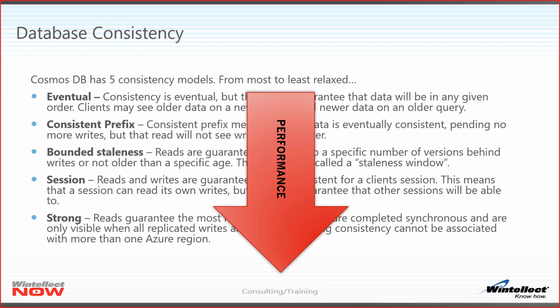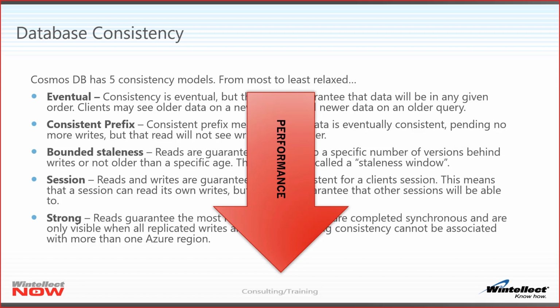That means the data doesn't become available until those writes happen, and so reads become slower because of that. If you have a query against a particular record that's being written to, it'll just keep that connection open until that write is finished. Then it'll read the data. So there's a performance trade-off as you go down with each consistency model.